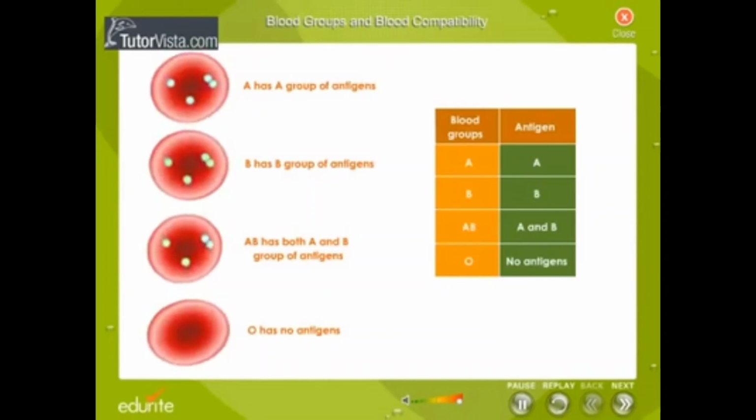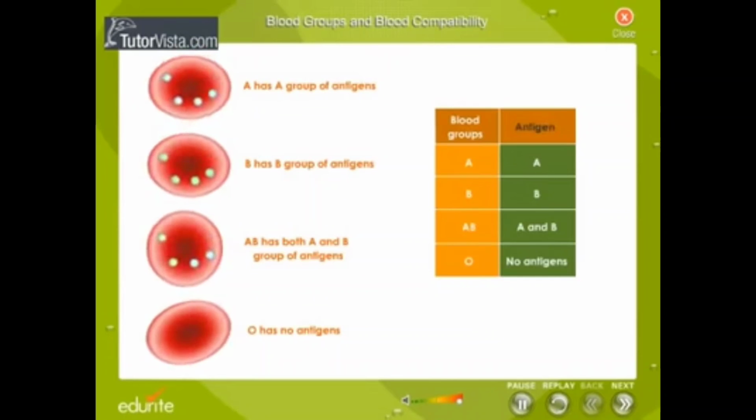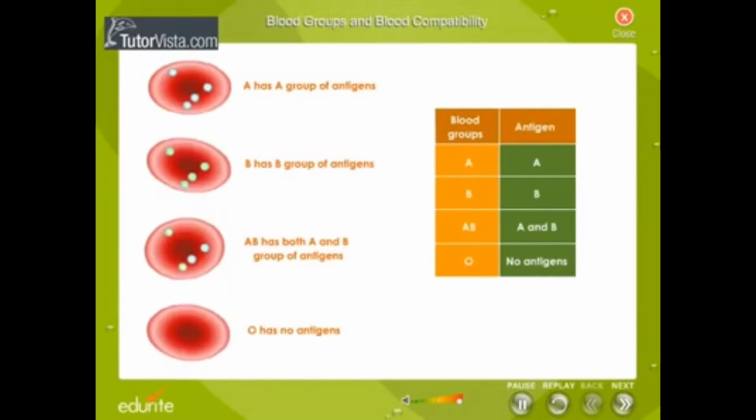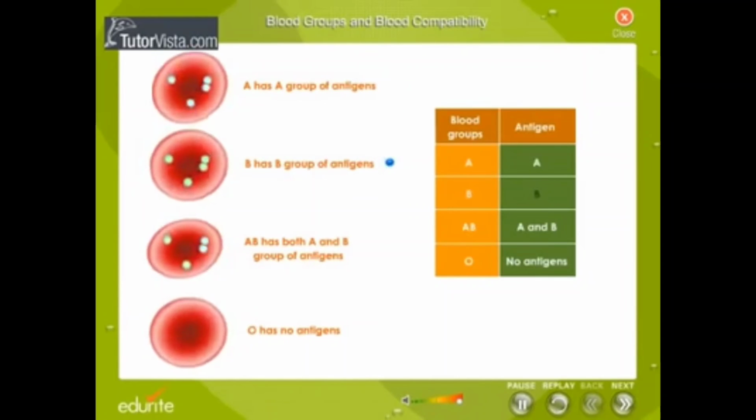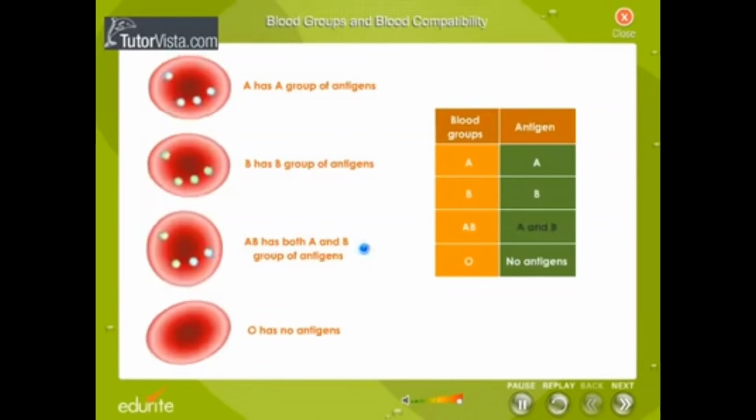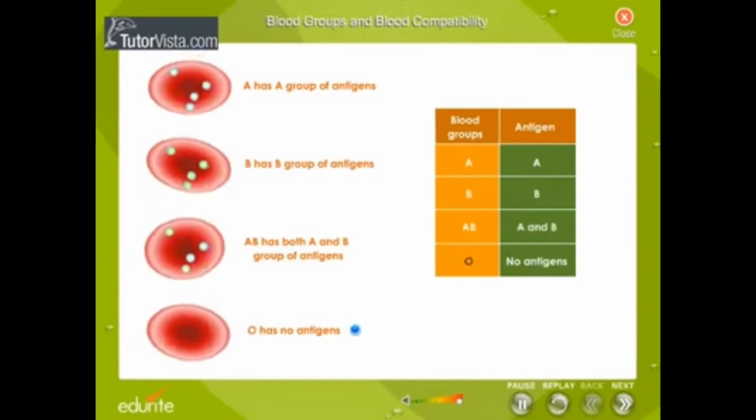These letters refer to the antigen present in the red blood cell. That is, A group has antigen A, B group has antigen B, AB group has both the antigens A and B, while O group has no antigens in the red blood cells.